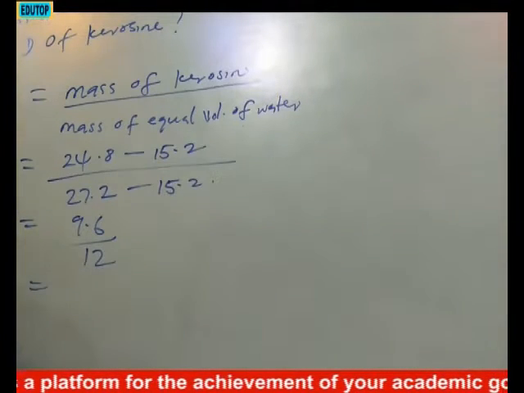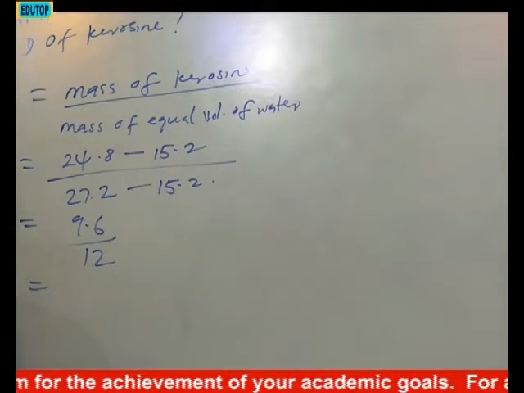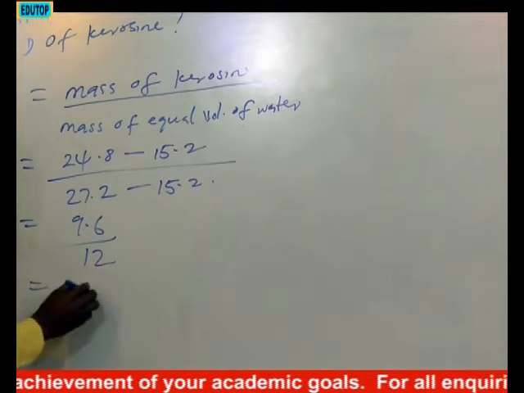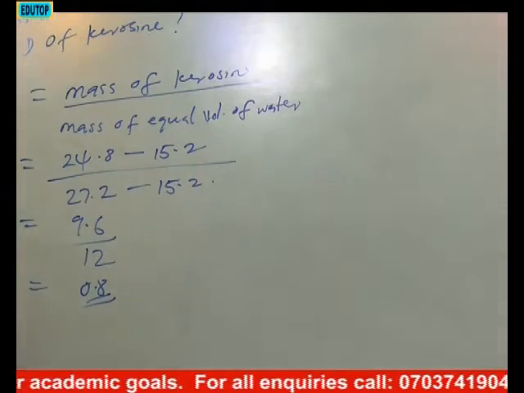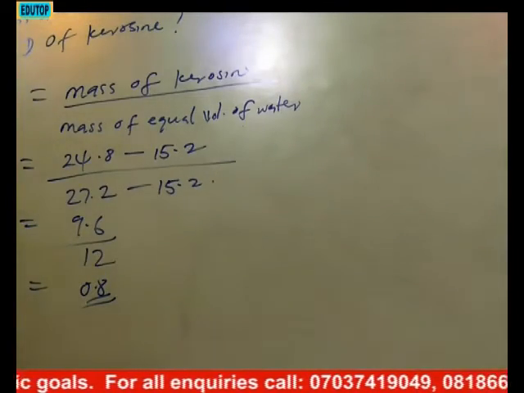So altogether, 9.6 divided by 12, we have 0.8. And that is the relative density of the kerosene.